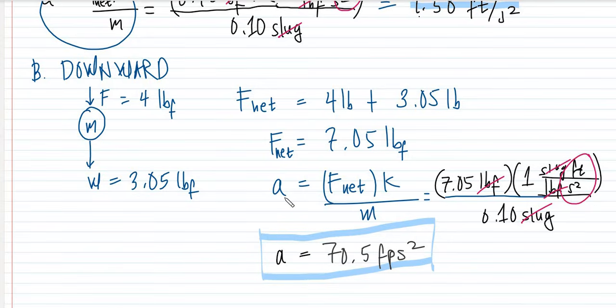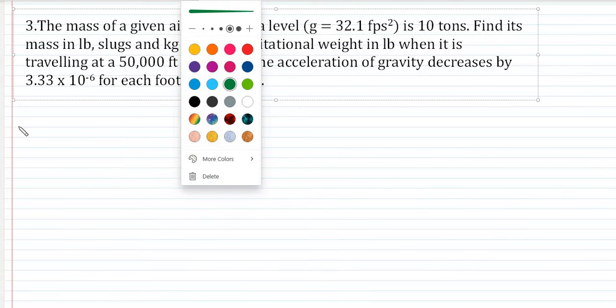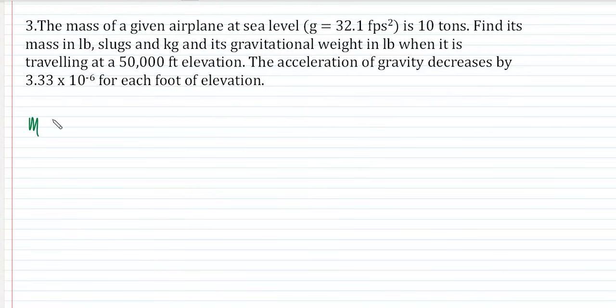Let's go to our third problem. We have the mass of a given airplane at sea level, where g is equal to 32.1 feet per second square, is 10 tons.